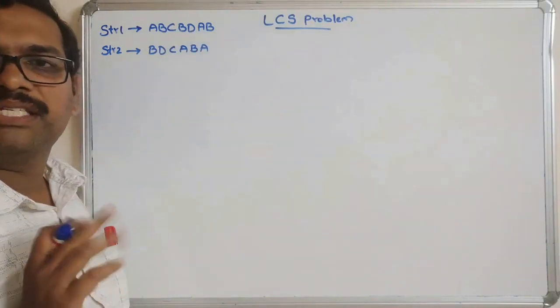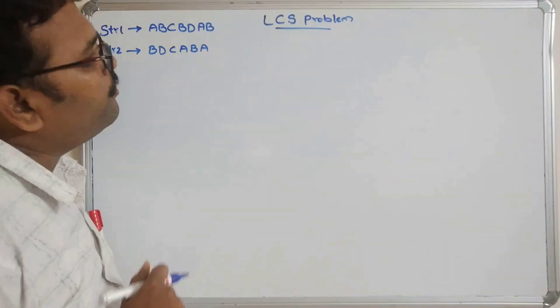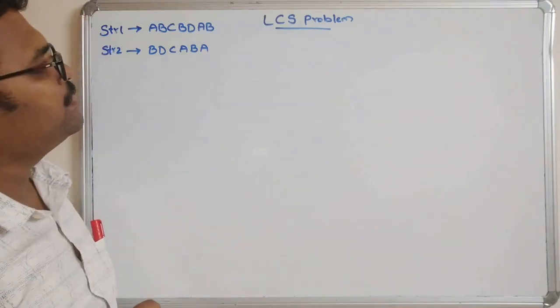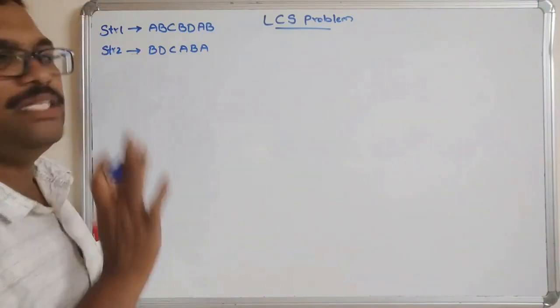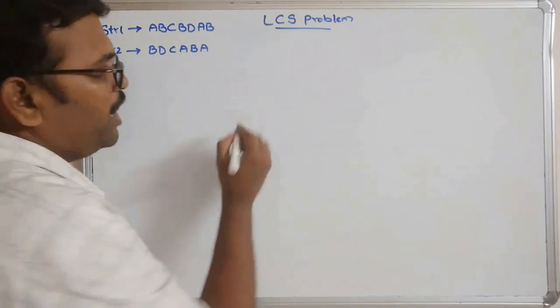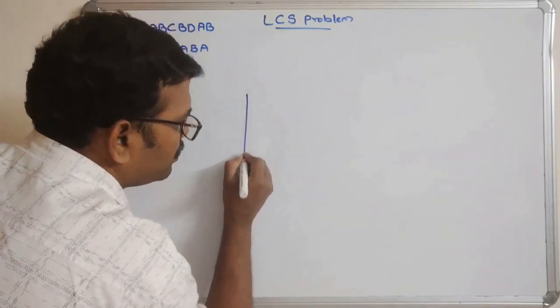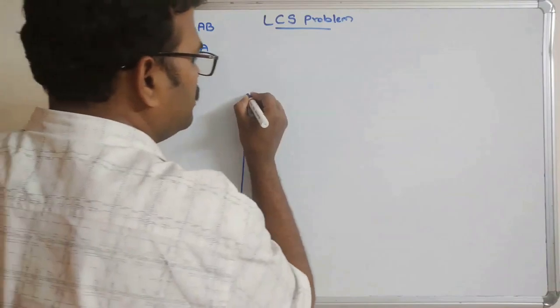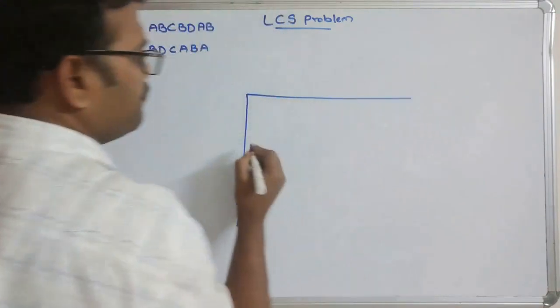These are the two different strings. Now we have to find the longest subsequence among these two strings. First we have to draw the horizontal and vertical lines.